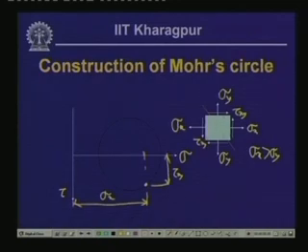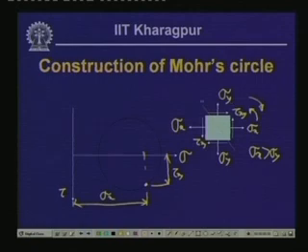Now, please note here that the shear which is acting in the positive y direction on the x plane, we have considered as positive shear, and this shear along with its complementary shear is causing a rotation in the anticlockwise direction, which we have denoted as positive shear in the Mohr's plane, whereas the shear which is acting on the y plane, along with the complementary shear on the other side, is causing a rotation in the clockwise direction, and based on this we call it a negative shear on this Mohr's plane.